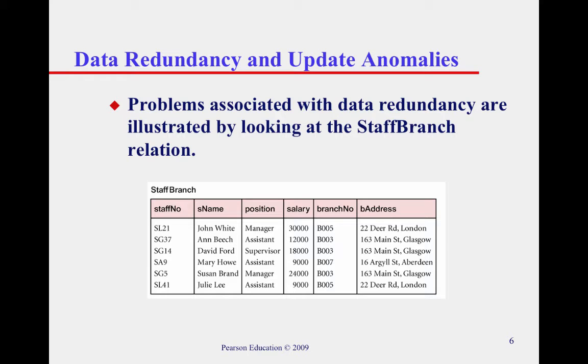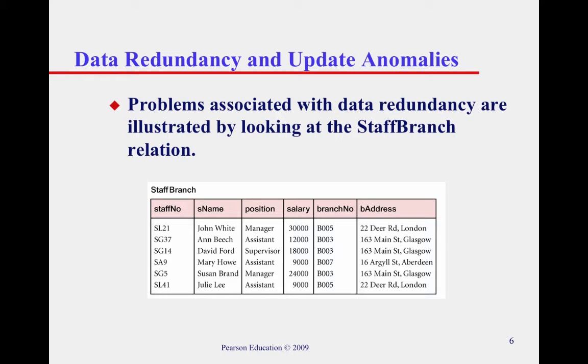But let's pretend for a moment that the way we designed it was as a single relation, so that we kept with every staff member the staff member's number, their name, their position, their salary, their branch number, and the branch address. And we don't have a separate branch relation because all the information associated with a branch is contained in the staff branch relation.